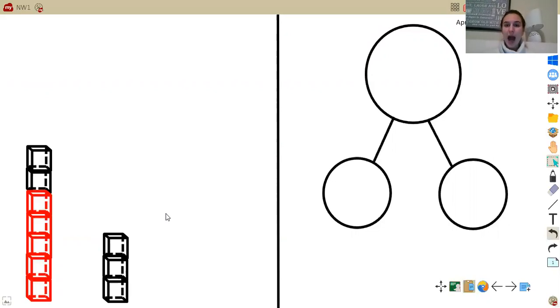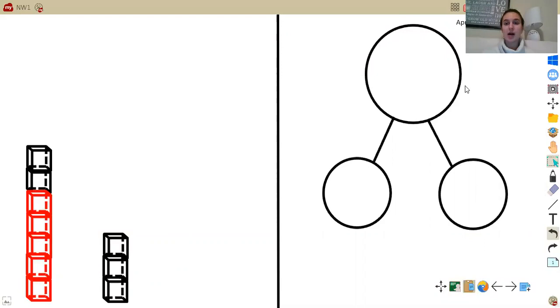So now I want to represent our equation and our number blocks in a number bond. Now, here's my number bond, and as you can see, it's blank. So I need to fill in my whole and my parts. Now, my big circle at the top, we call this our whole.